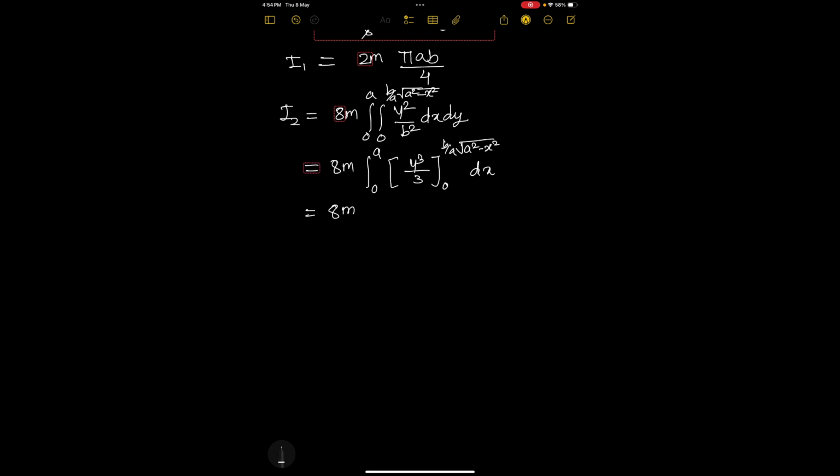It can be written as 8m into, here b square is missing, b square, okay. So 0 to a, b by a, root a square minus x square whole cube, and then 3 is outside.